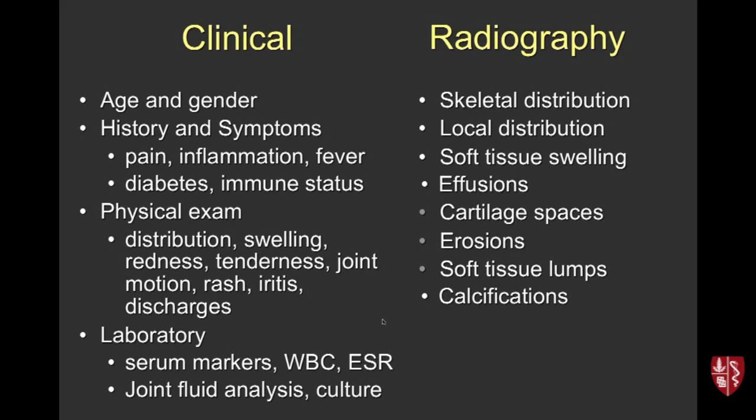And then we have a big role to play in looking at where the arthropathy is distributed, this specific local distribution, that business I mentioned about the DIP joints being spared in rheumatoid, swelling, effusions, cartilage spaces. The key thing is finding erosions or no erosions. Sometimes soft tissue masses help and calcifications can help us as well.